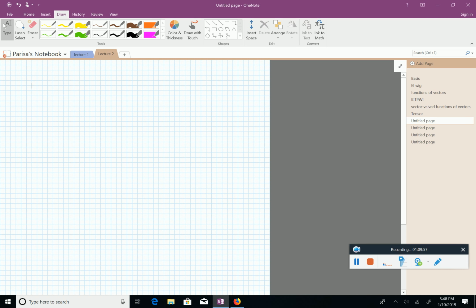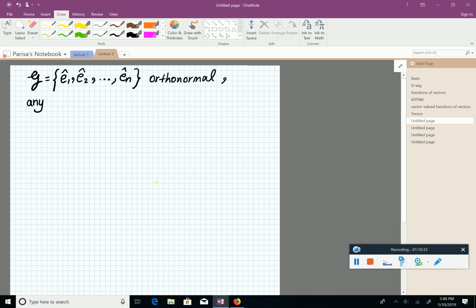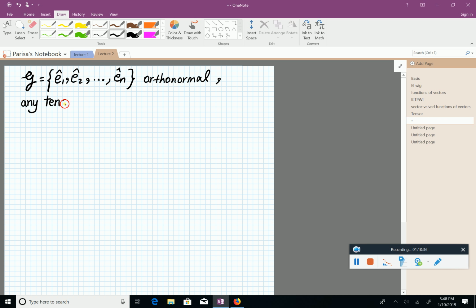And then we come to the very important thing. We can show that if you have an orthonormal basis, any tensor T in that basis can be represented using the outer product that I just introduced.